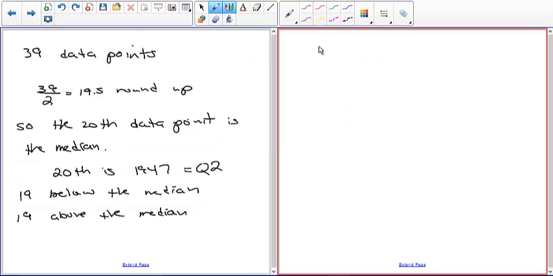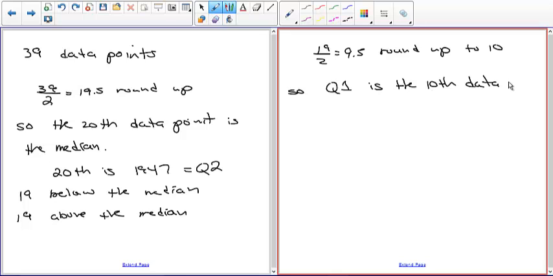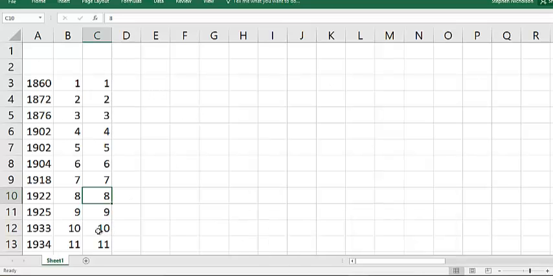You take 19 divided by 2, which is 9.5, and round up to 10. So Q1 is the 10th data point, because the 10th data point is the median of the first 19 data points. So I go back to my list and ask, which is the 10th data point? It's 1933.